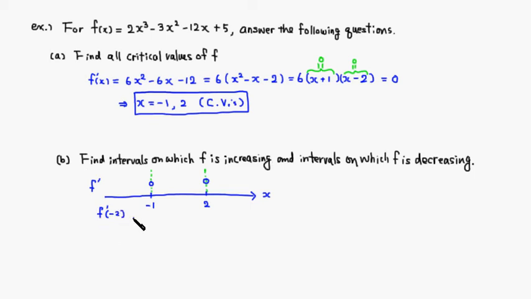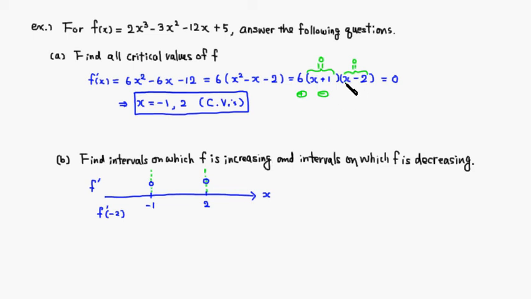All we really need to determine is the sign, so we plug it in and only worry about sign. Negative 2 plus 1 is a negative quantity, and 6 is already positive, so we don't have to worry about that.